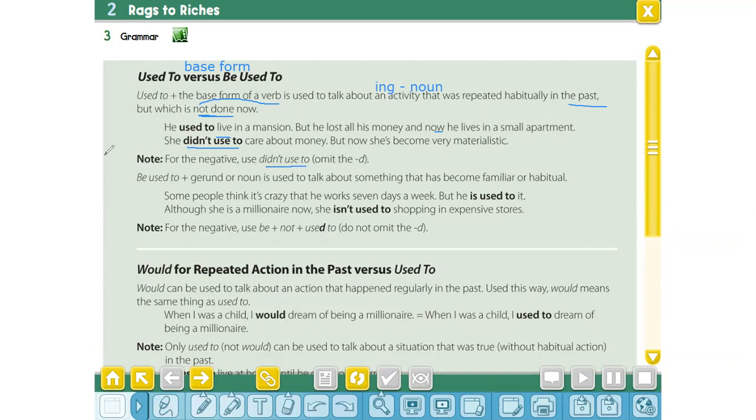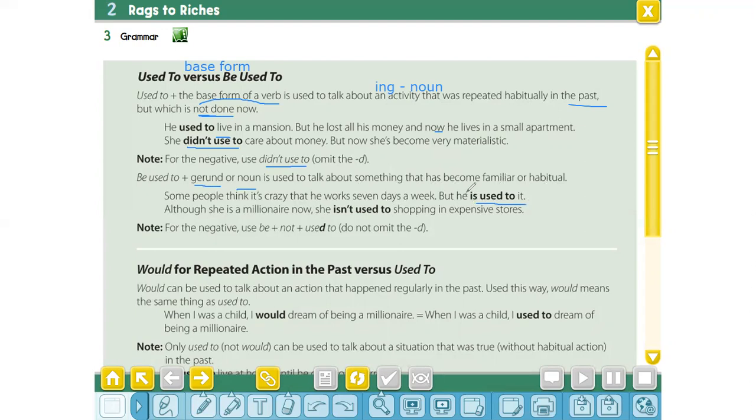What about be used to? Be used to is followed by gerund or noun, and it's used to talk about something that has become familiar and habitual. For example, some people think it's crazy that he works 7 days a week, but he is used to it.